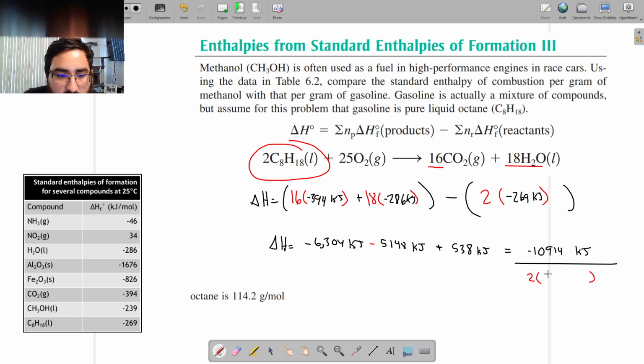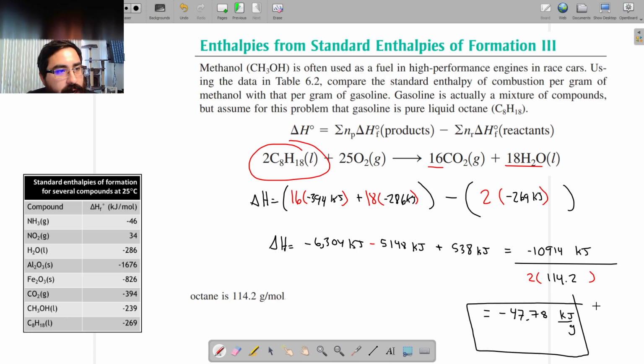So if you divide negative 10,914 by 228.4, you'll get a value of negative 47.78 kilojoules per gram. So that is of octane, C8H18, and we're going to compare it with methanol.